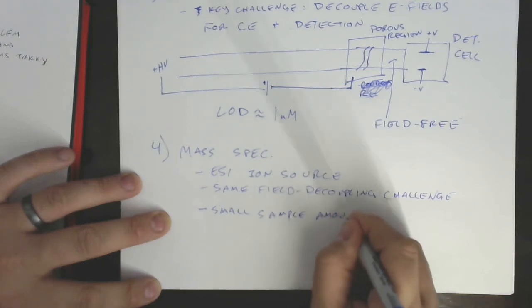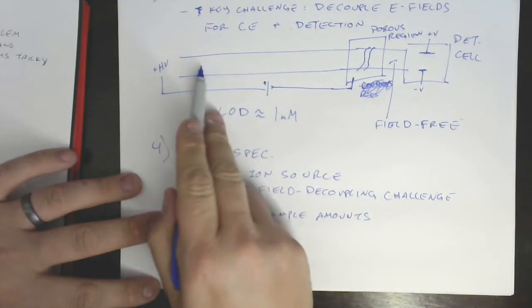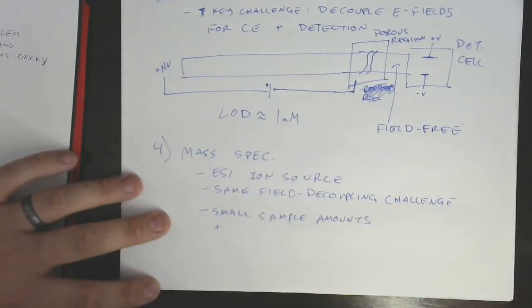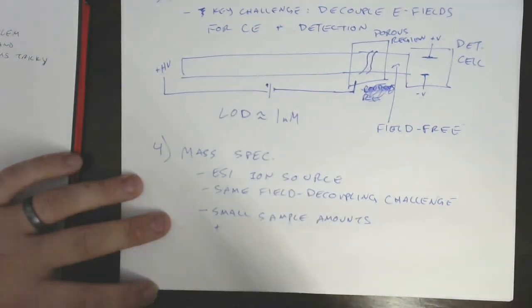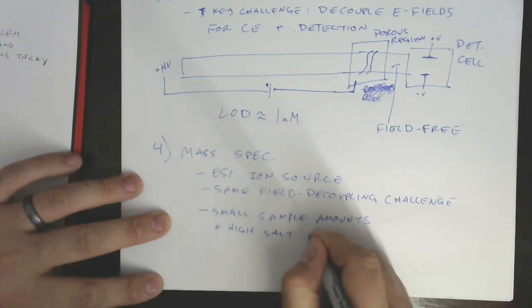And another challenge, which is that CE requires that buffered constituent in here to drive our electric double layer, get our EOF, that kind of thing. Have nice stable pH for reproducible electrophoresis. So it has to be buffered. That requires high salt concentrations.